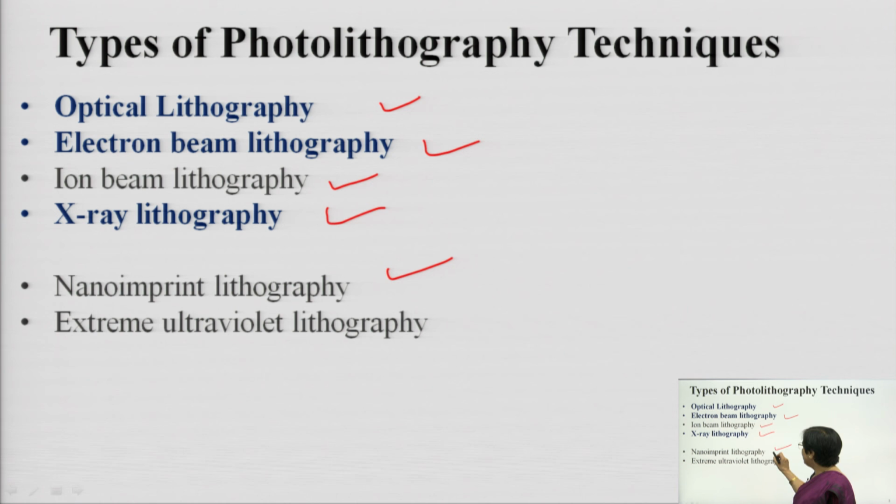Therefore, a lot of precision is involved, and the techniques of pattern transfer are altering, and therefore nano imprint lithography is also coming up. Then you have extreme UV lithography also, wherein an accommodative wavelength is used to have successful pattern transfer onto the wafer.